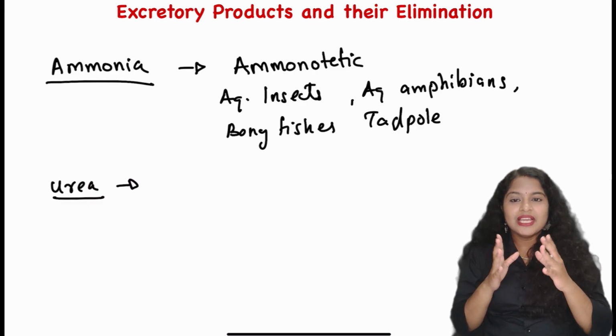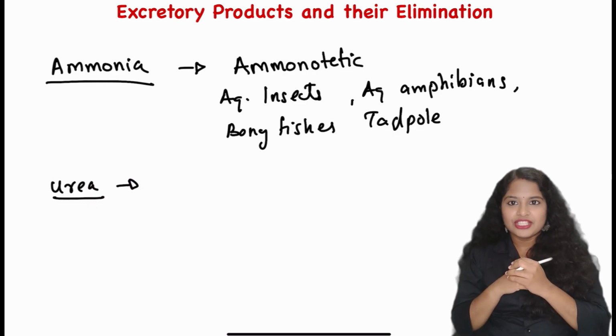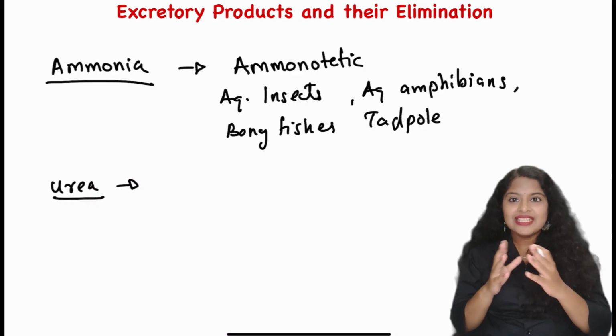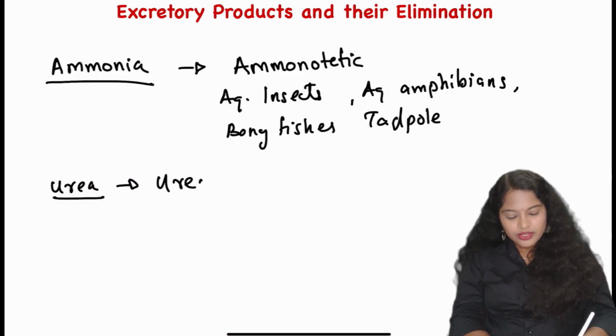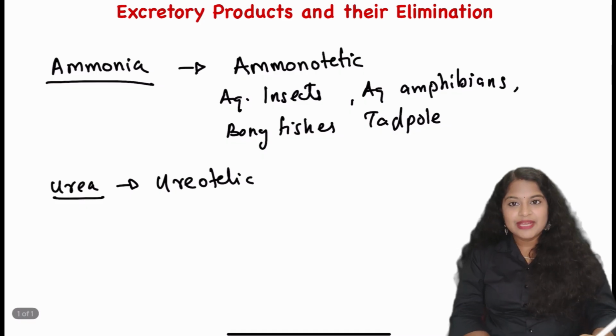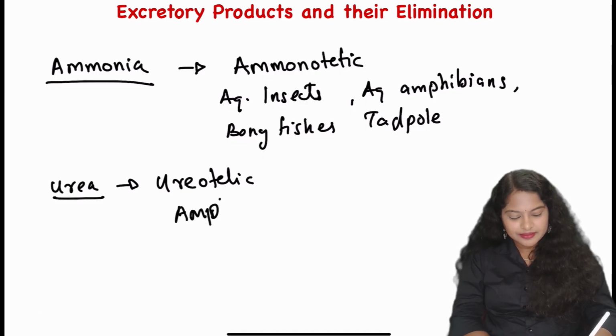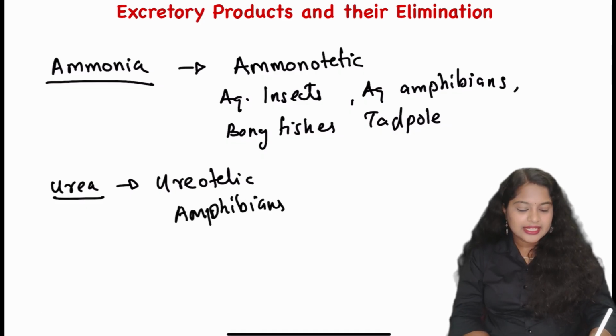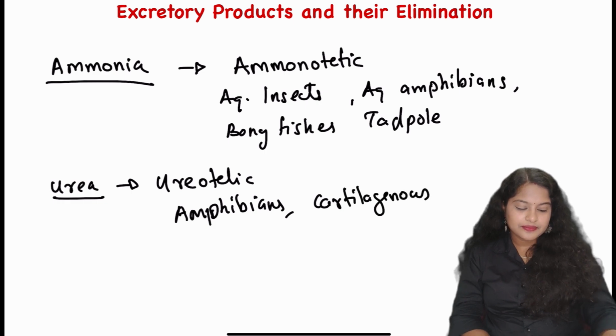Terrestrial organisms have urea as their excretory product, and these organisms are called ureotelic organisms. Examples are terrestrial amphibians, cartilaginous fishes, mammals, etc.